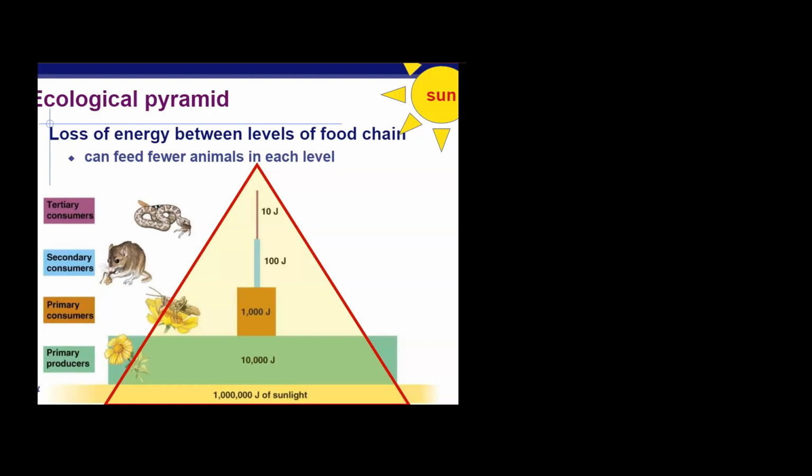So we can see now we only have 10 joules available at that top level, according to this example. So the reason we see this pyramid shape with biomass is because with only 10 joules of energy at that top level, there just isn't enough energy to support a large number of organisms.